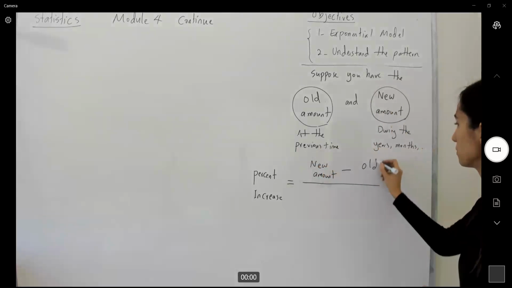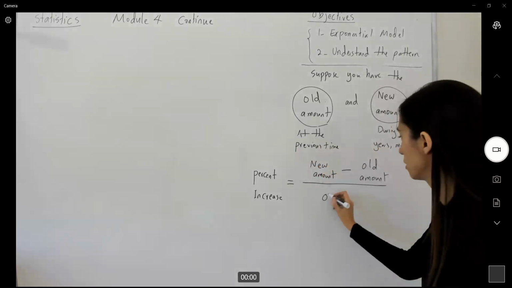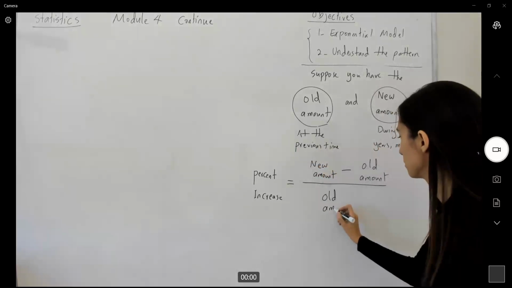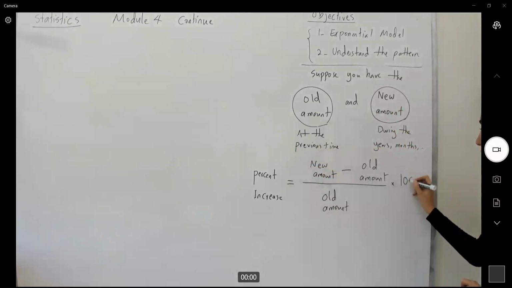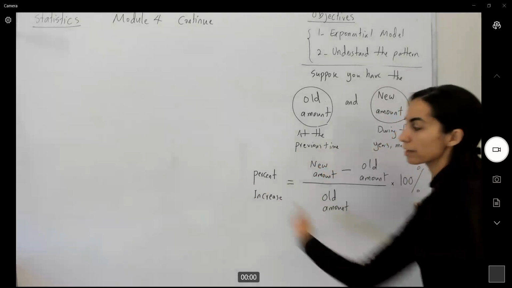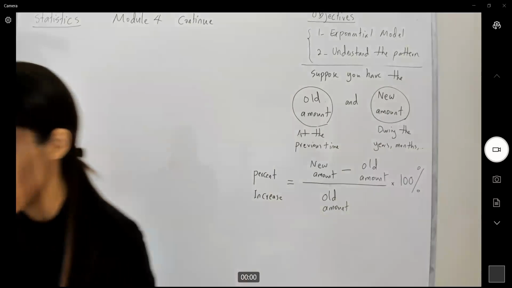Minus the old amount divided by old amount. And what are we going to do? We're going to multiply it by 100%. Why is that? Because I need percent increase. This is your formula.